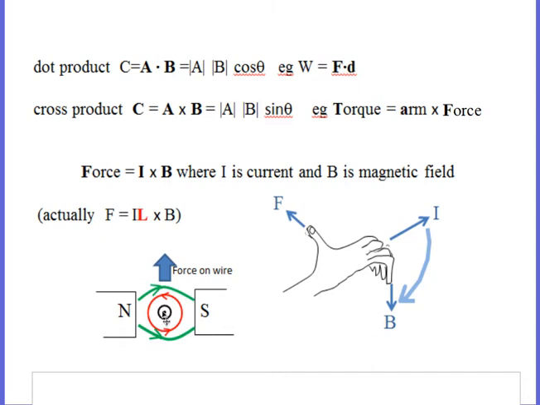I was doing it wrong. We should start, and everybody should do this. Take your right arm and stick it behind you, so it's pointing in the direction of the current. You must start with the current, and then turn your wrist until you can wrap your fingers to the left.